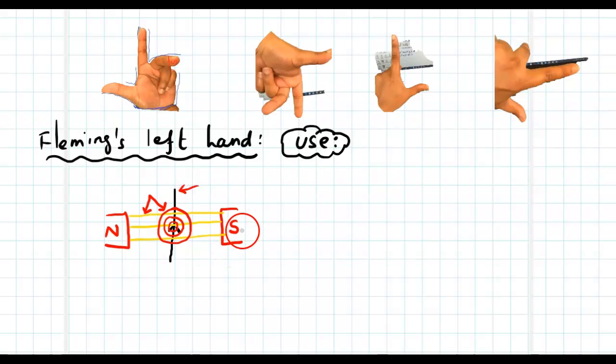This movement of the wire, this direction we have to find using Fleming's left hand rule. So when will we use it? When there is a wire with current and a magnet.